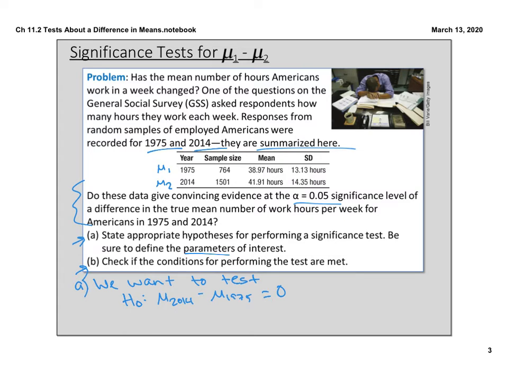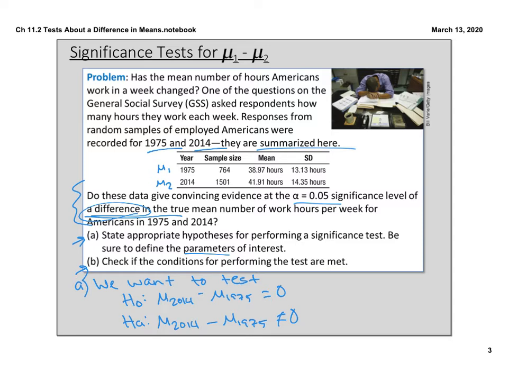You can call them whatever you want, but I'm just going to put the years with them because I think that helps me. And I'm testing the fact that mu 2014 minus mu 1975 is not equal to 0. It says, is there a difference? Do we have convincing evidence that there is a difference? So that's why I'm doing not equal to.